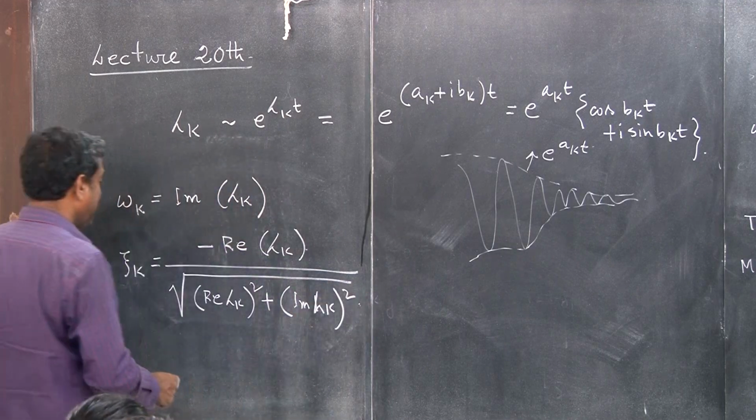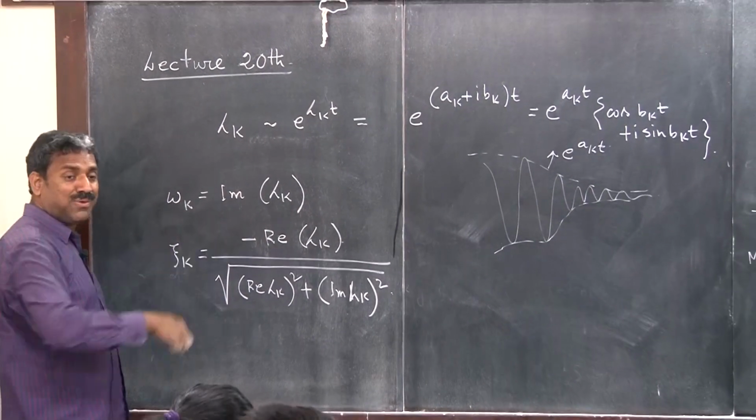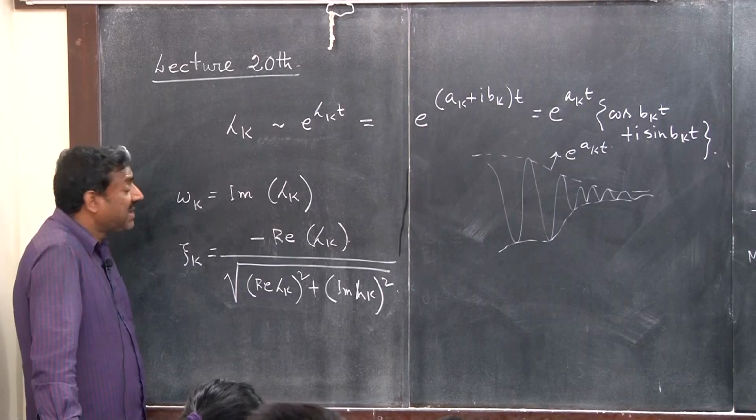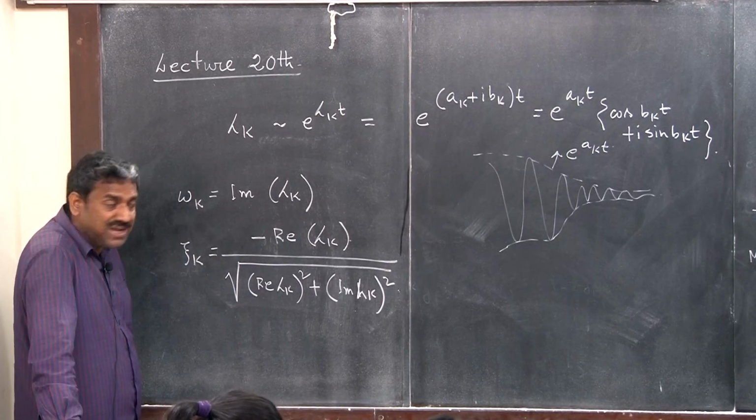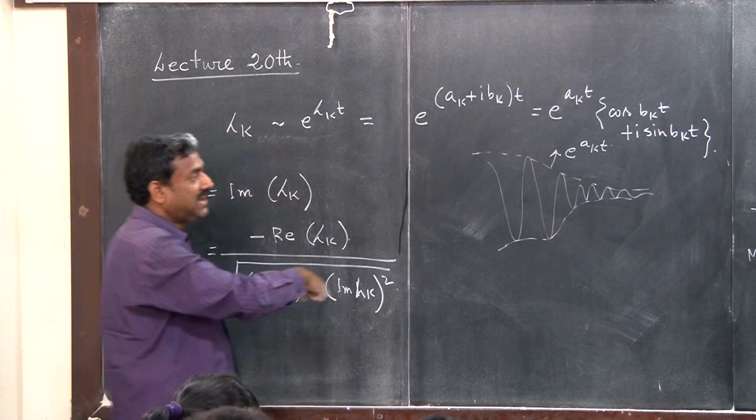You see that? This is the frequency and this is the damping. You understand why the imaginary part of lambda k is associated with frequency, right? That I have explained. And why is damping like this? Because it is the envelope function.